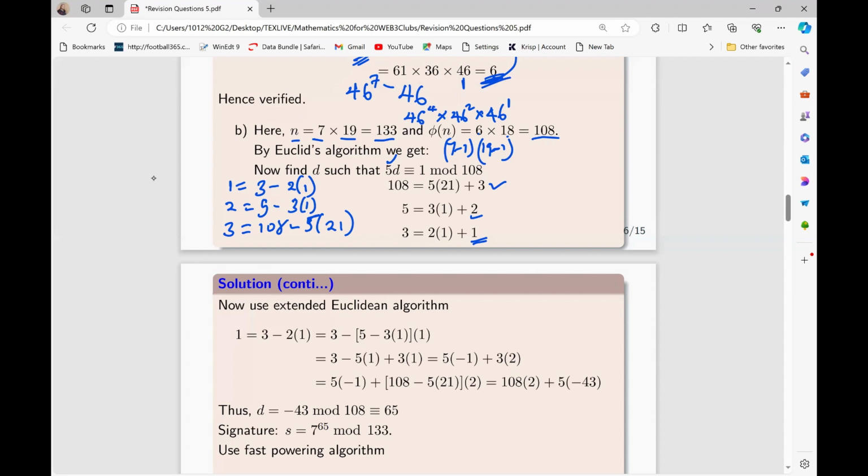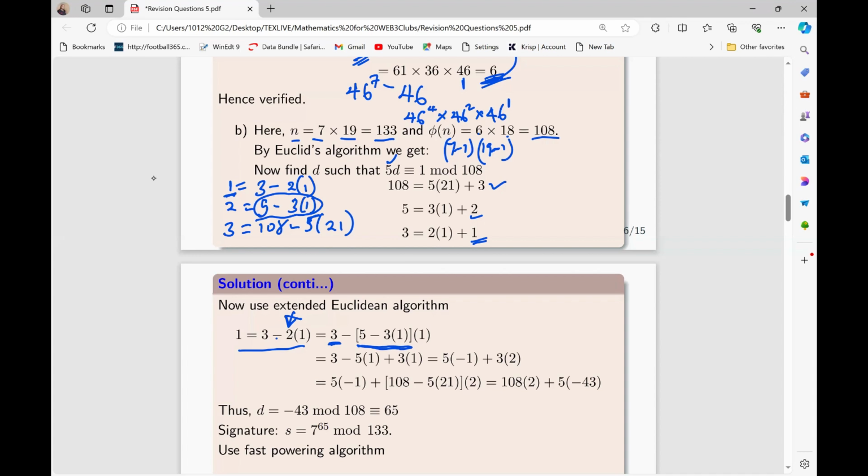Now I want to make this one the subject. So we just write it here. This is the first equation. We write it there. Where we have this remainder 2, we substitute the equivalent. So this 3 is that, and then minus 2, but the equivalent of 2 is here: 5 minus 3 multiplied by 1.